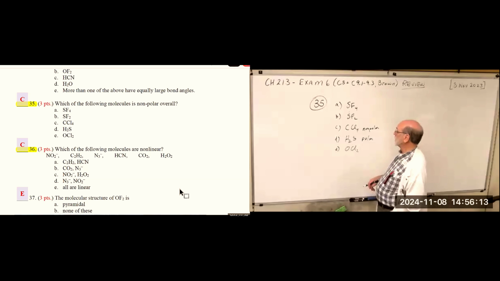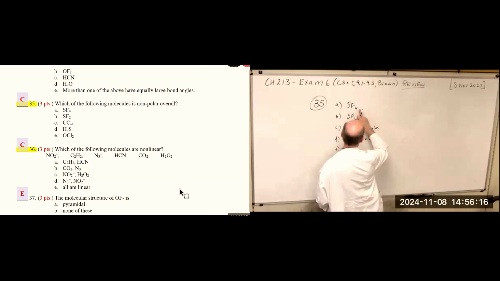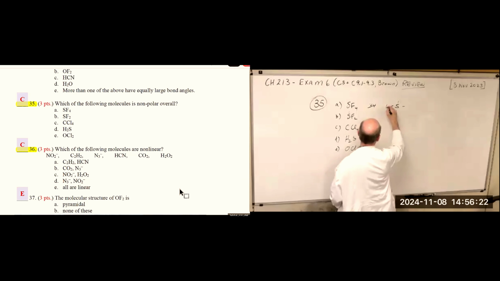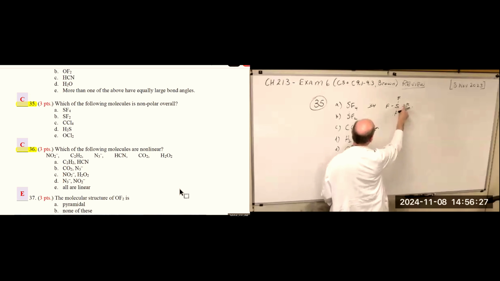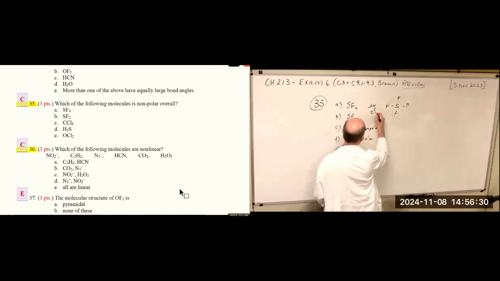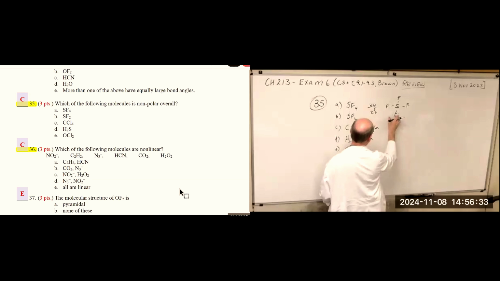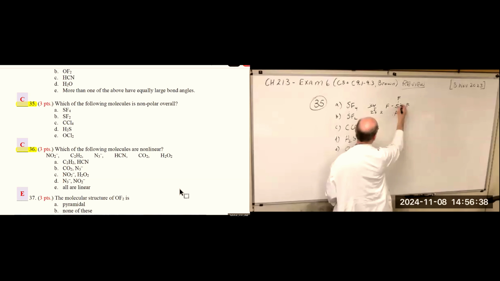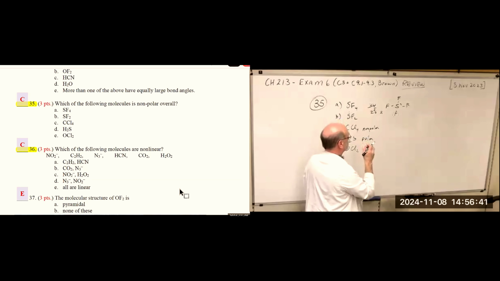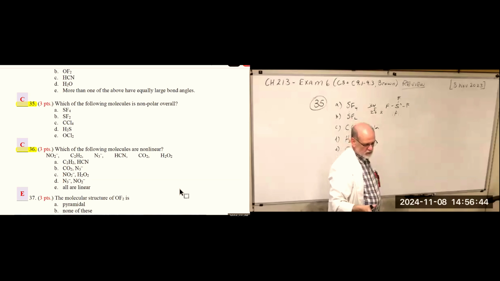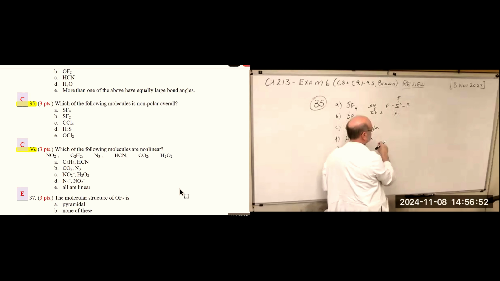But if we drew the others, right, this would be 28 plus 6 is 34. Sulfur with fluorine. So 2, 4, 6, 8, 26, and 6 times 4 is 24. All right, so we have 2 electrons left over. There we go. We got a lone pair in a trigonal bipyramid. Right, 5 groups, trigonal bipyramid.